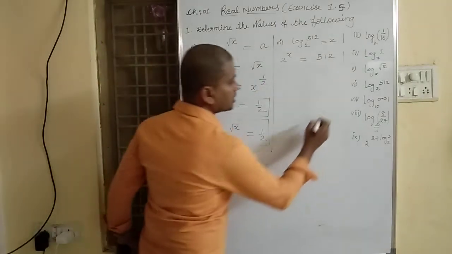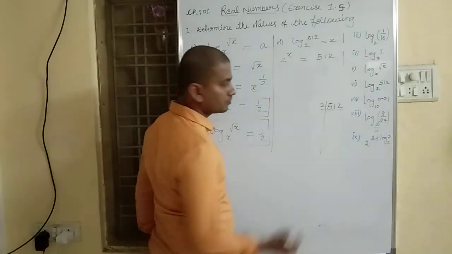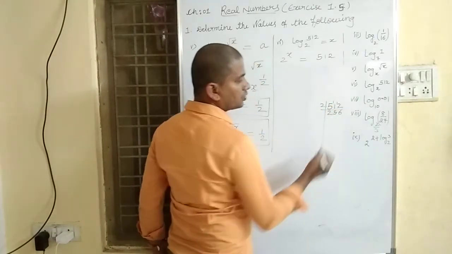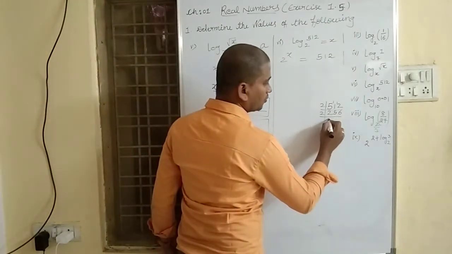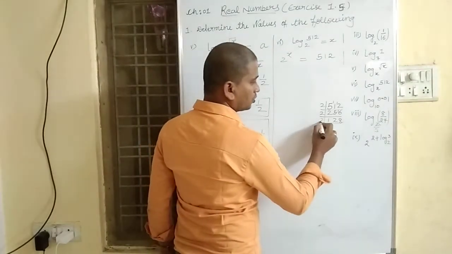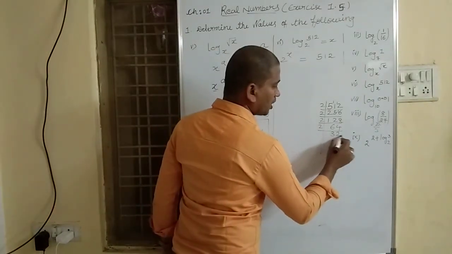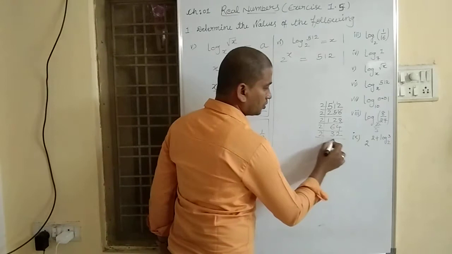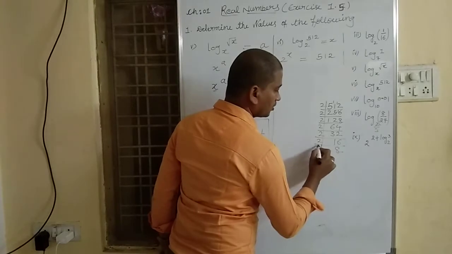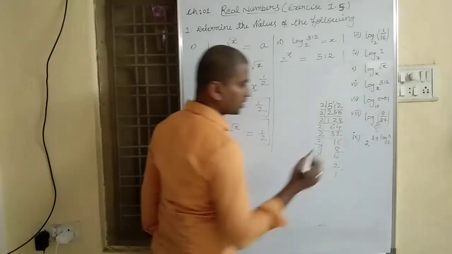If you want to check it once, let me find out the prime factors of 512. Dividing repeatedly by 2: 512, 256, 128, 64, 32, 16, 8, 4, 2, 1.